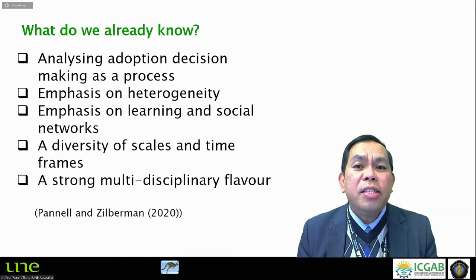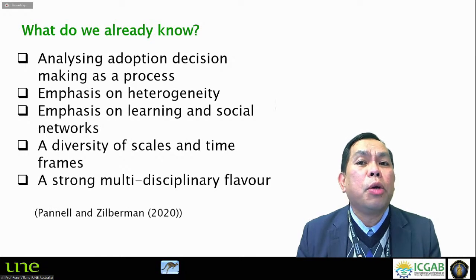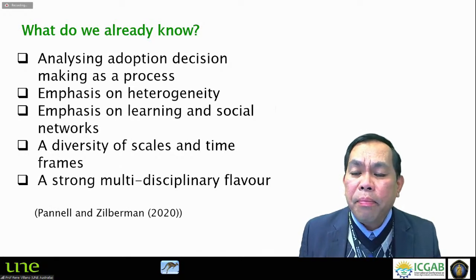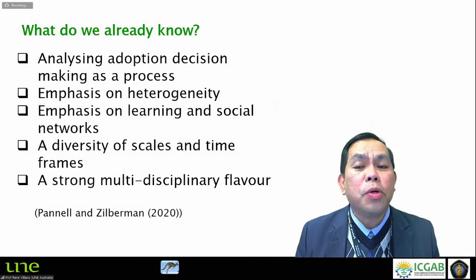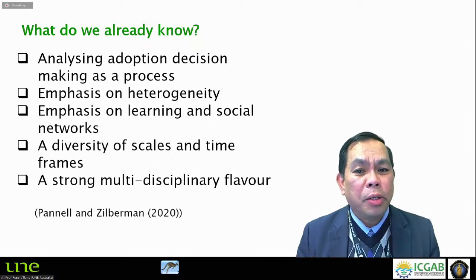And because these are done in different times and periods, there are several conclusions that we could come up with, and they are very much location specific. And one of the other strong focuses of the existing literature is the multidisciplinary nature.